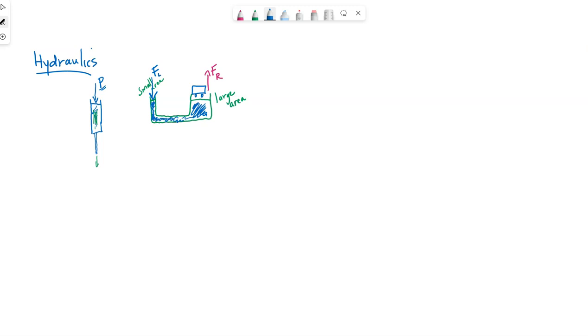And so we can say the pressure on the left, because of that push downwards, has to equal the pressure on the right side. Now, pressure being force per area, force on the left side over area on the left side is going to equal force on the right side over area of the right side.